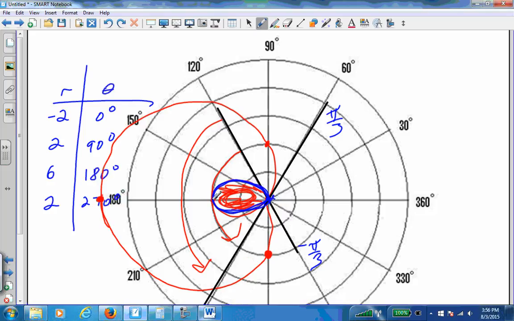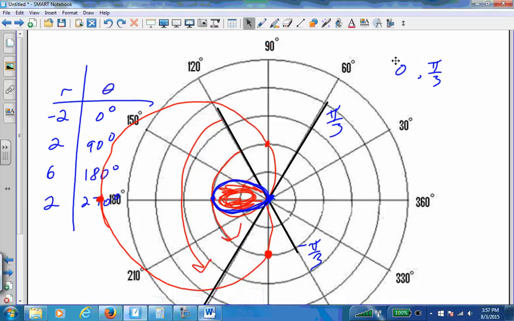Our curve basically started, if we started in a direction of 0 degrees, we started here and we rotated this way. So from 0 to pi over 3, when we got to a direction of pi over 3, we were here. At pi over 3, we were at a radius of 0.